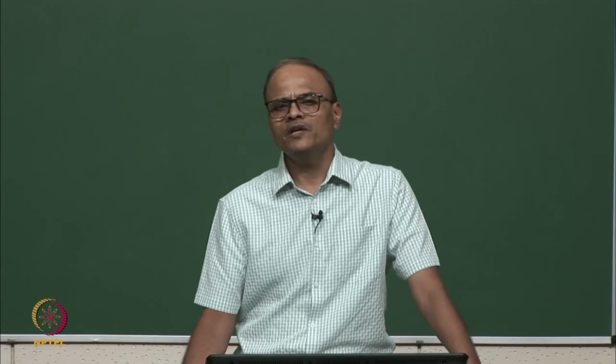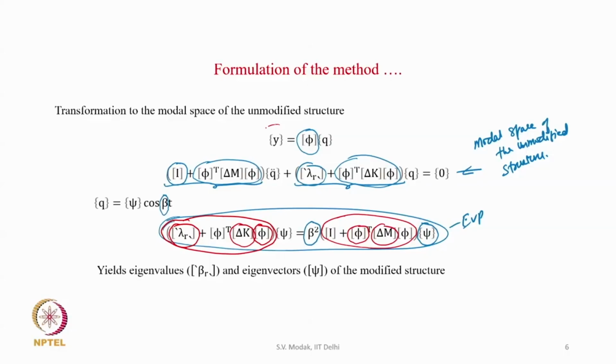So, then how do you determine the eigenvectors of the modified structure in the physical space? We make use of the transformation that was used, y is equal to phi into q. Here q will be an eigenvector when free vibration occurs in a particular mode of vibration. So, all eigenvectors in the physical space can be obtained by the product of matrix phi and matrix psi.